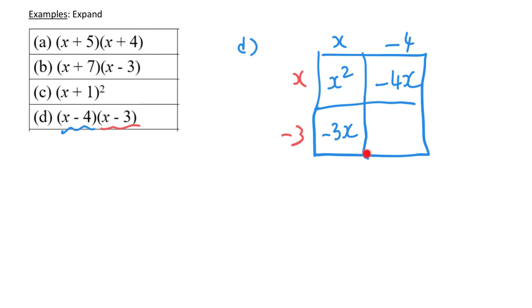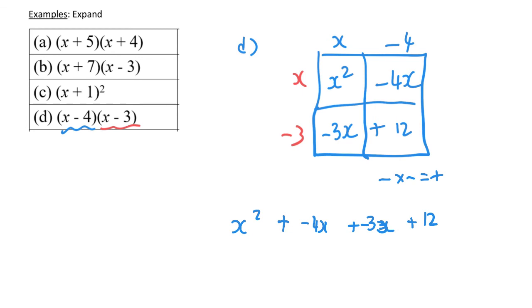And then a depth of minus 3 and a width of minus 4. We're going to have minus 3 times minus 4. Now a minus times a minus is a positive, so the answer is going to be positive. And then 3 4s are 12. So the total area is x squared, add minus 4x, add minus 3x, and then add 12.